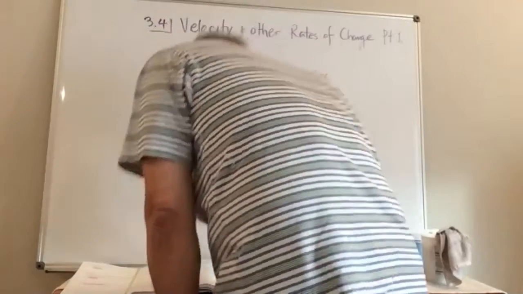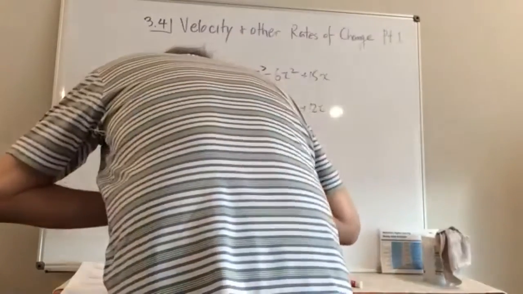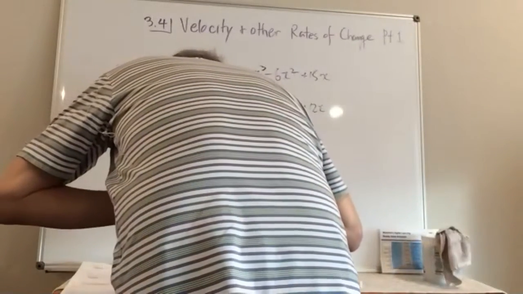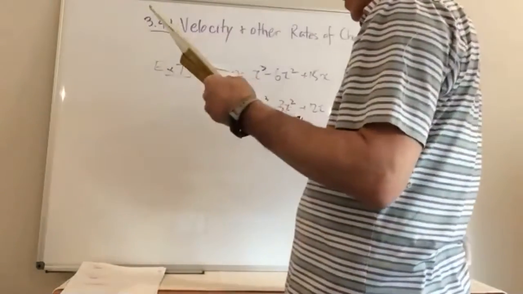The revenue is equal to X cubed minus 3X squared plus 12X. Find the marginal cost and the marginal revenue.